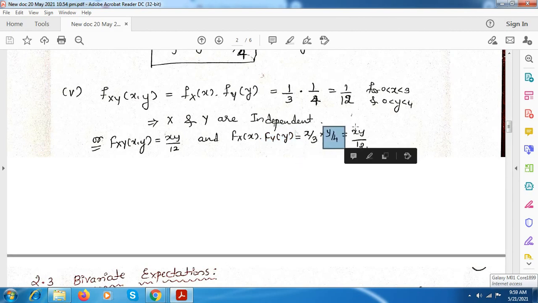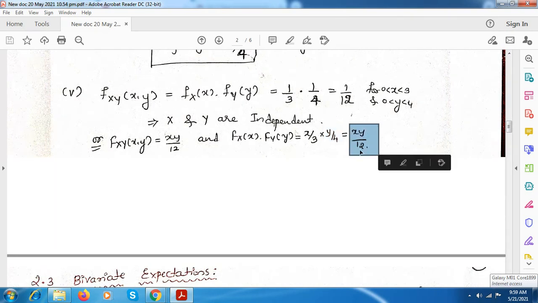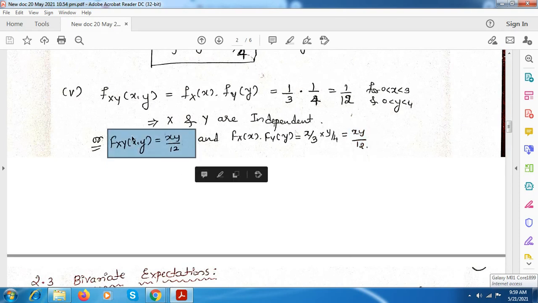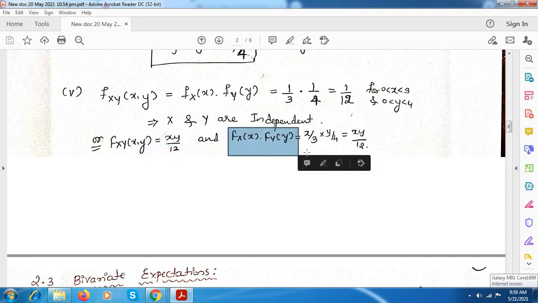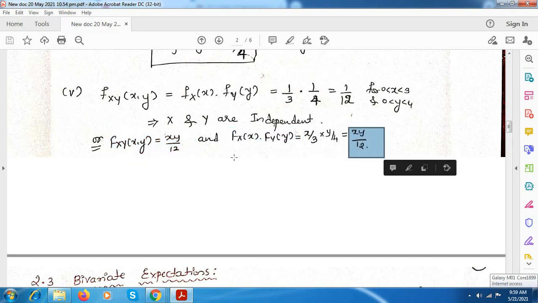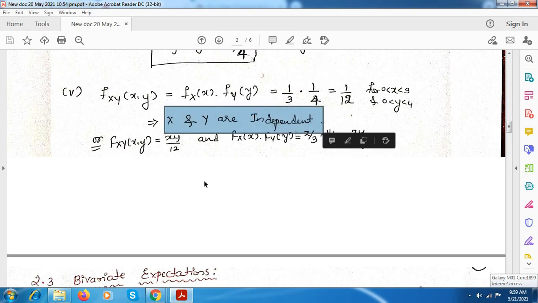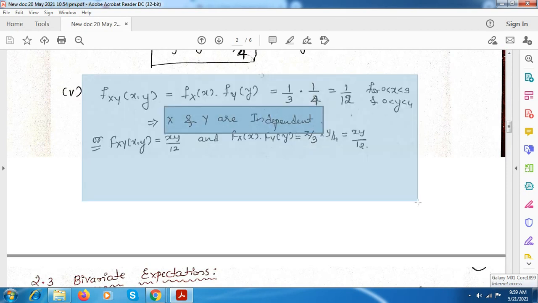If you multiply these two, you also get x into y by 12. So you can see that the bivariate CDF and the product of the individual CDFs give the same value. So you can conclude that x and y are independent random variables. Just take down this.